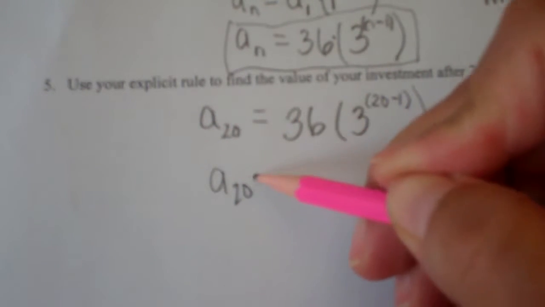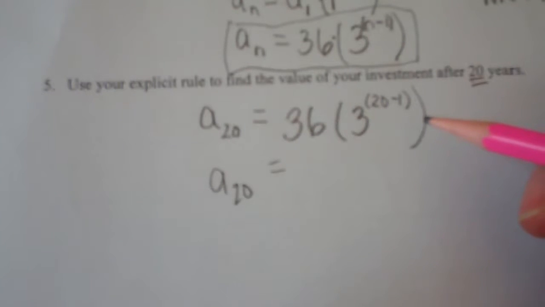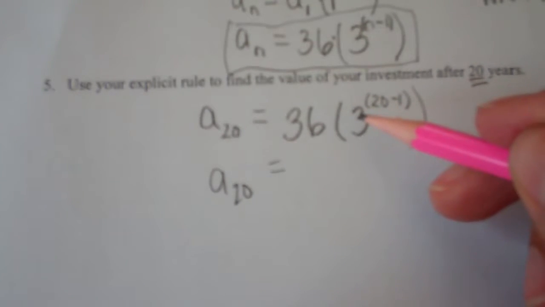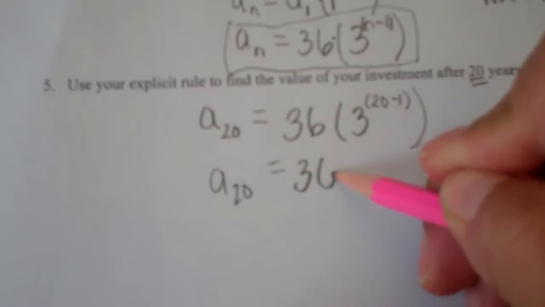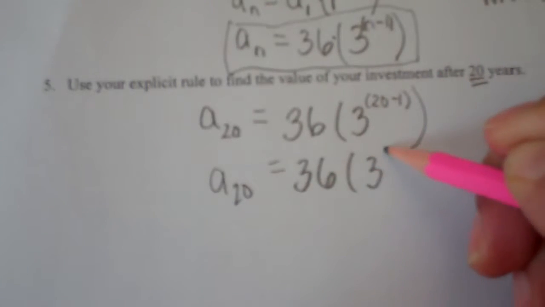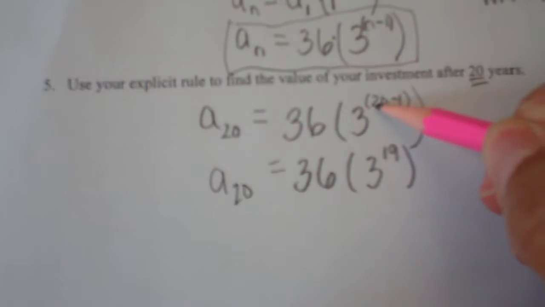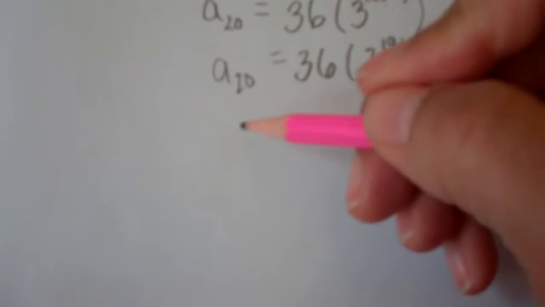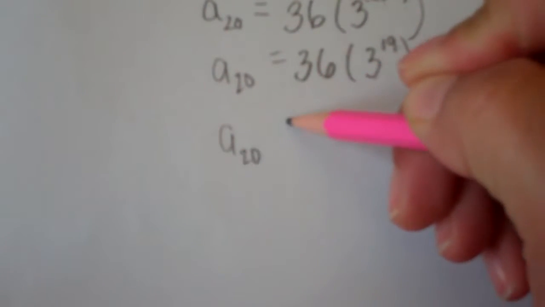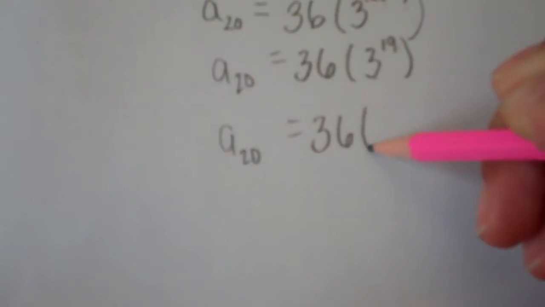So now here comes our little evaluation of this side of the equation. We have 36 times 3 to the 19th. I got 19 by simply subtracting 20 minus 1. We now have to do this 3 to the 19th power. We learned on our calculator that we can do that, and it's by pushing the exponent button.